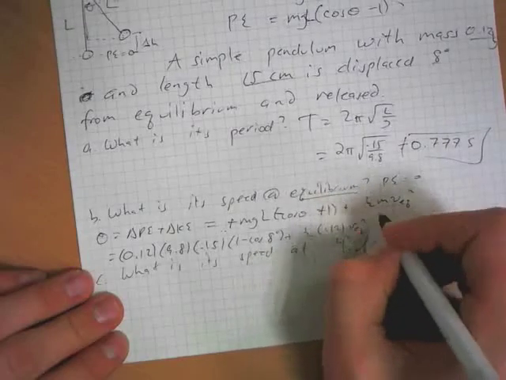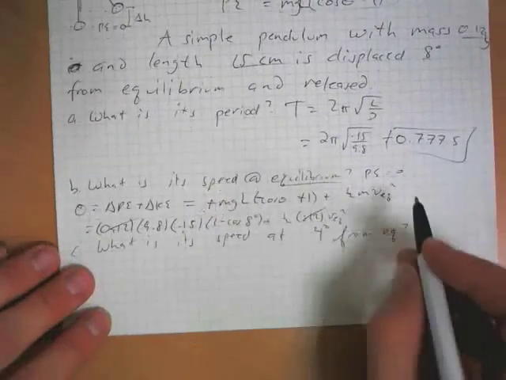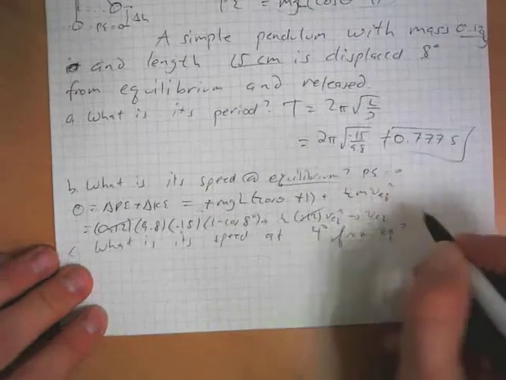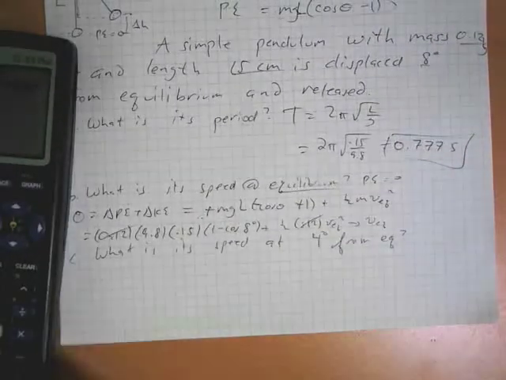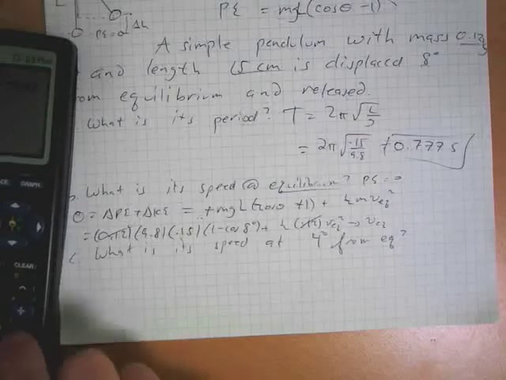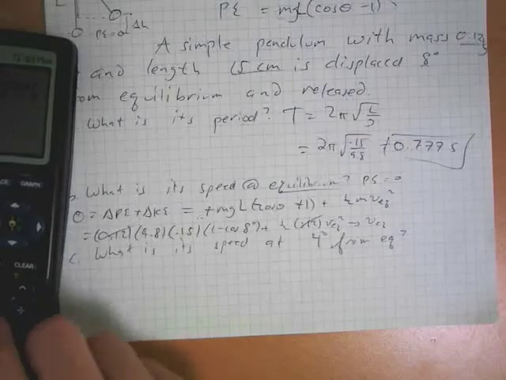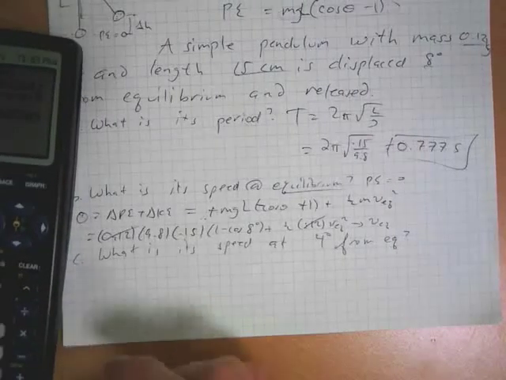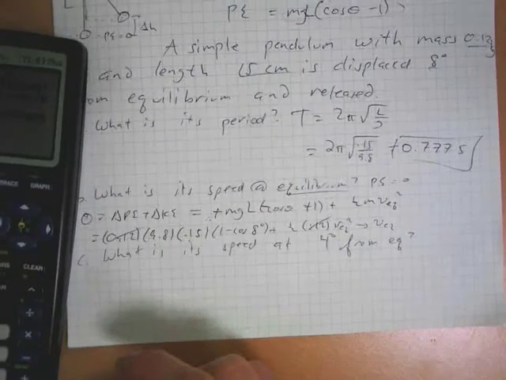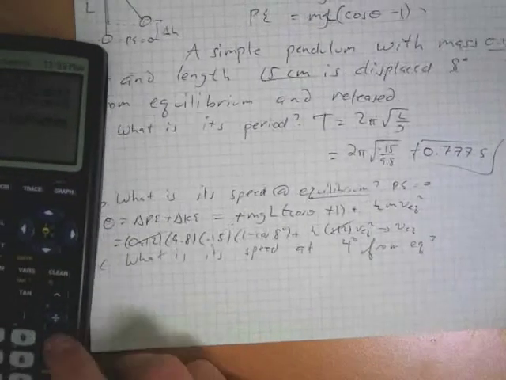Well, mass cancels out, and we can punch that in and figure out what it is. 9.8 times 0.15 times 1 minus cosine 8 is 1.68 something.